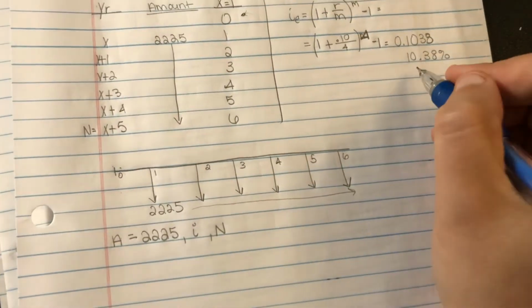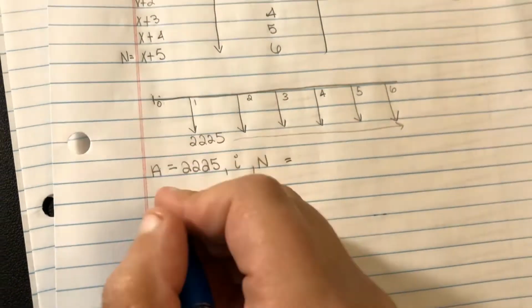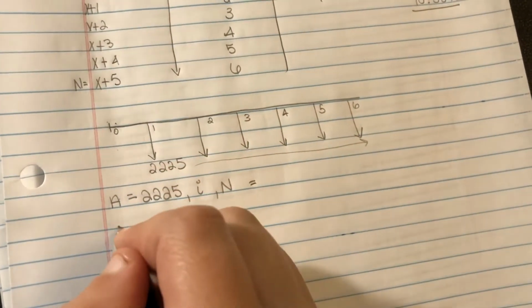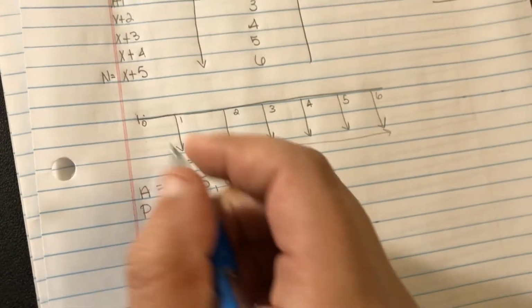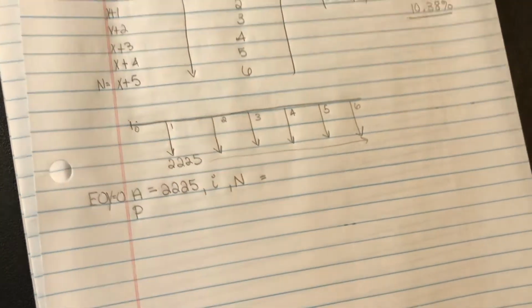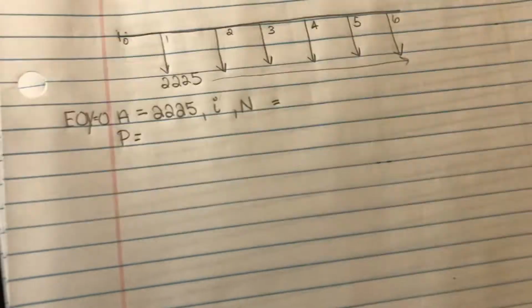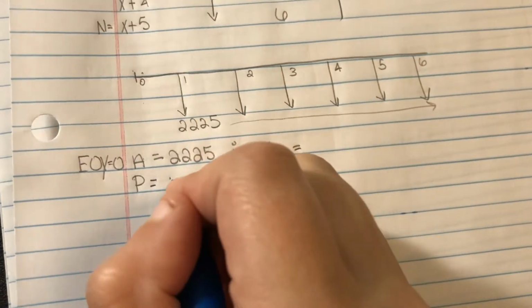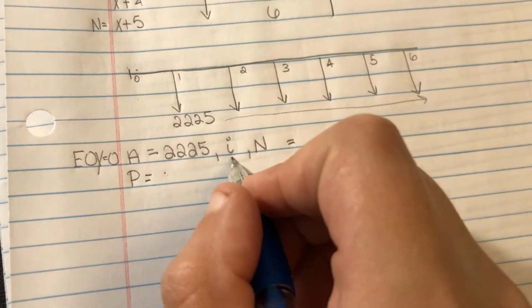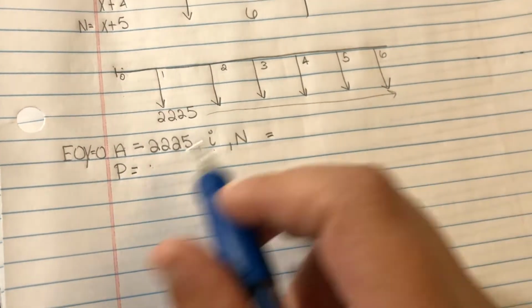Now this is looking at end of year 0. Since it's an effective interest rate, I don't have a chart to find that, so we'll have to use the formula and work the problem through.